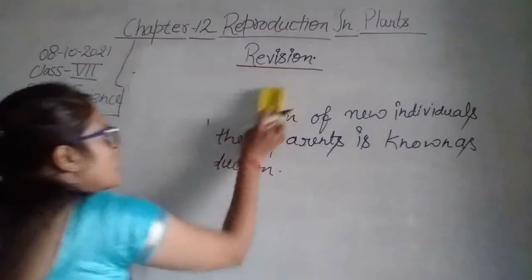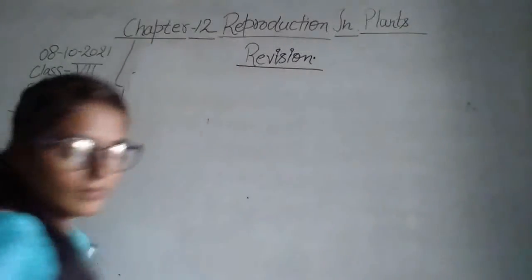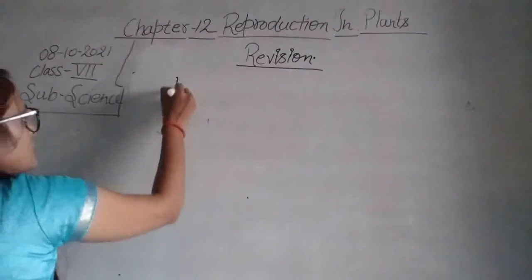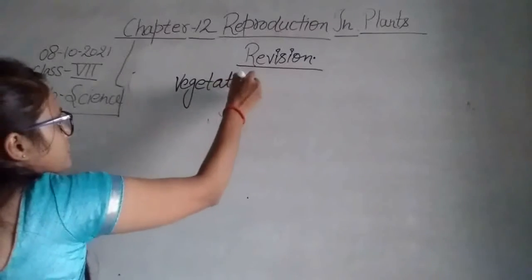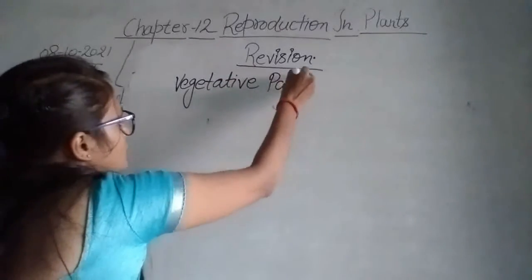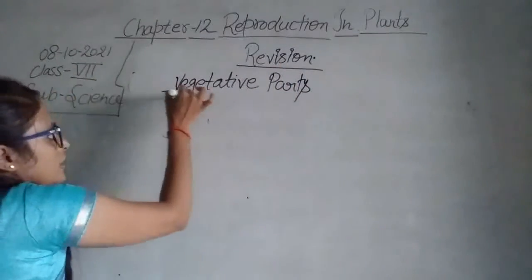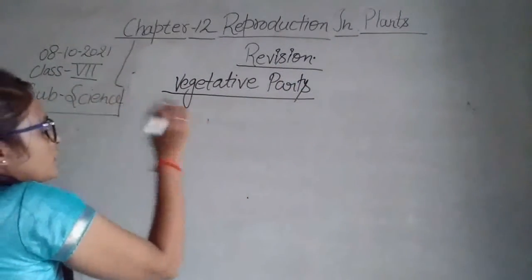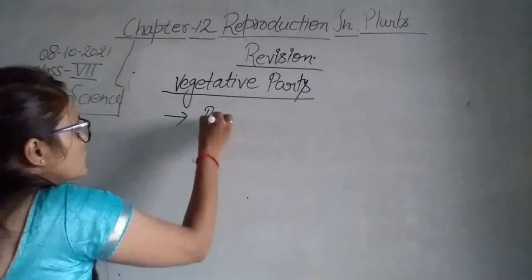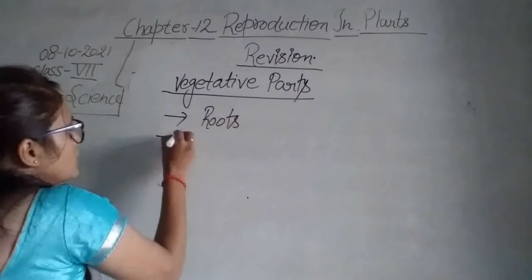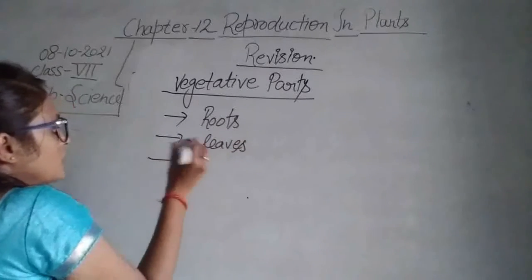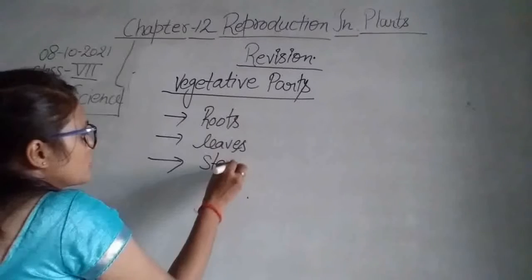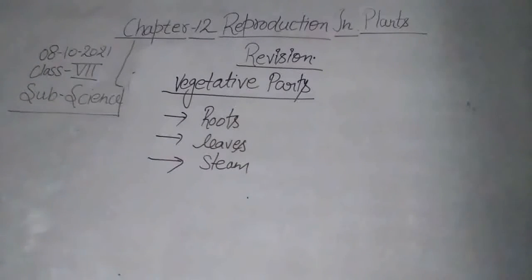In vegetative parts, first is roots, second leaves, third stem.